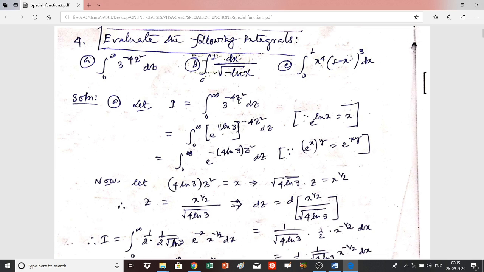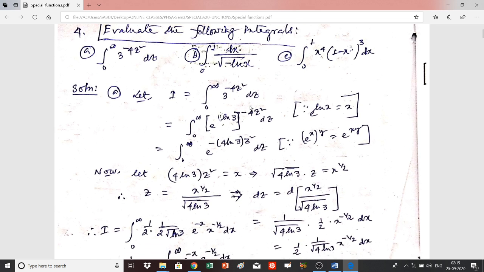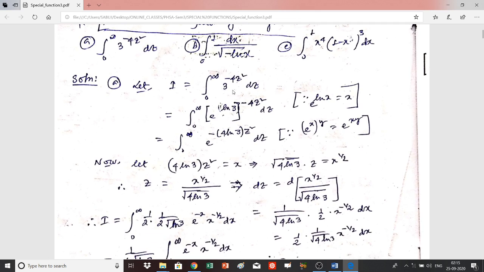We are here to compute the value of this integral. To do this, just write this term, that is 3 to the power minus 4z square, in this fashion.